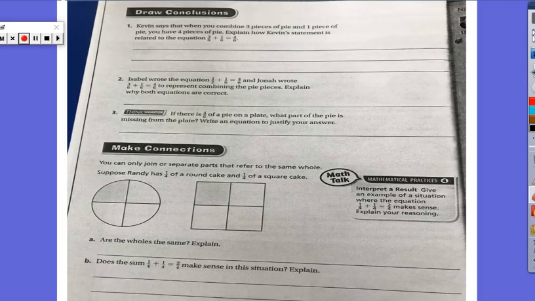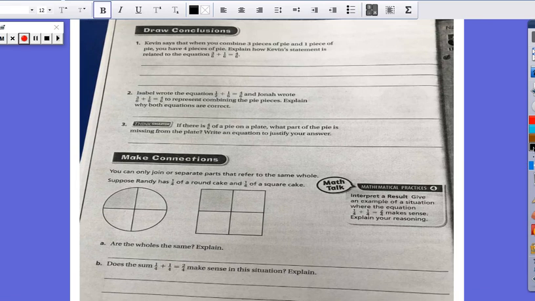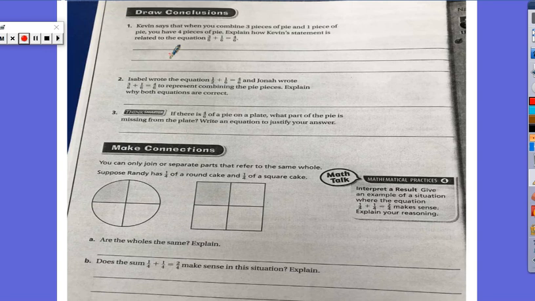Kevin says that when you combine 3 pieces of pie and 1 piece of pie, you'll have 4 pieces of pie. Explain how Kevin's statement is related to the equation 3/6 plus 1/6 equals 4/6. Well, we know that 3 plus 1 equals 4, right?